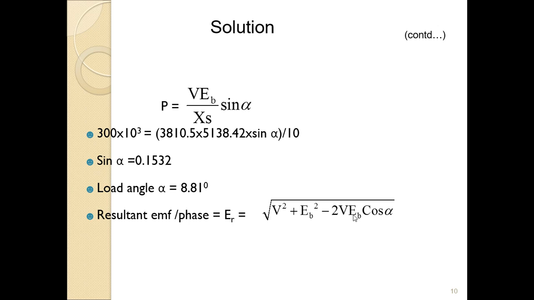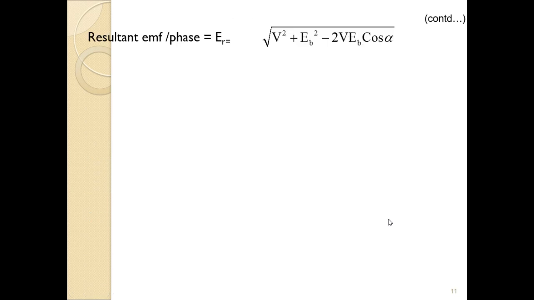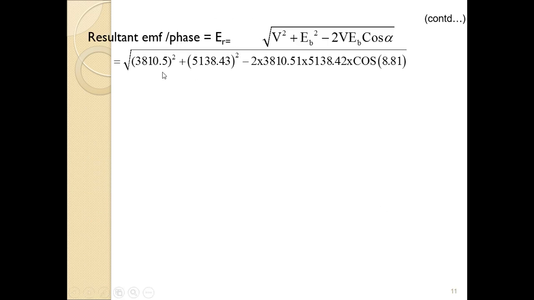So we know the V value, we know the EB value, and we know the alpha value. So we can calculate the ER value directly. So ER is equal to, substituting these values, V is equal to 3810.5, whole square, plus EB, that is 5138.43 square, minus 2 into V again, that is 3810.51 into EB.